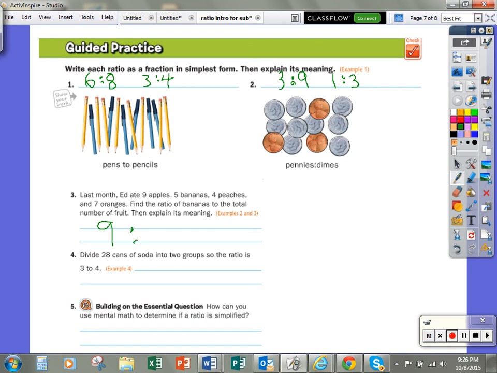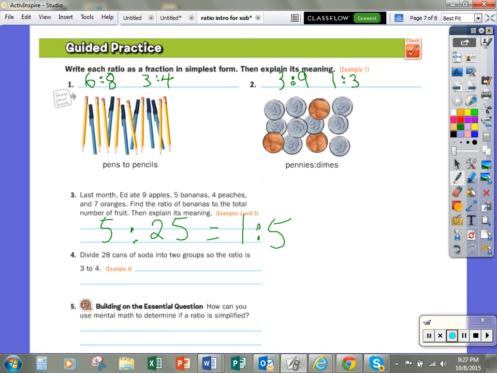And how many pieces of fruit total? 4 and 5 is 9, plus 9 is 18, plus 7 is 25. So that means that 9 out of the 25 pieces of fruit are apples. Oh, I'm sorry. I was supposed to be finding bananas. Let's do that one again. 5 out of 25, and that reduces to 1 to 5. So 1 out of 5 pieces of fruit are going to be a banana.